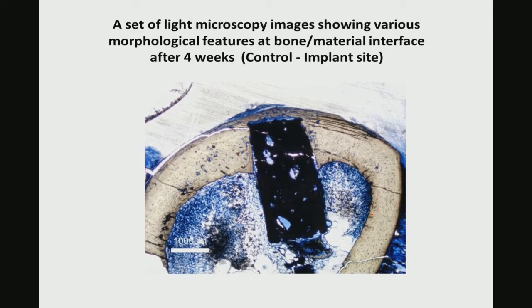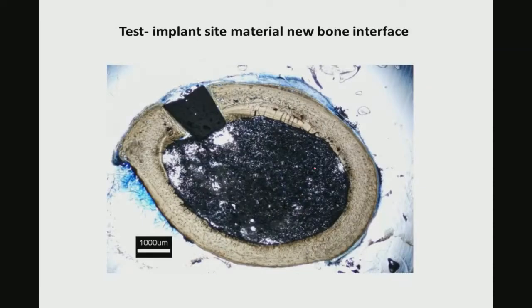This is the histology images. This is your thin slice and this is your implant here, and around the implant you can see all the cellular activity. You can also see that this implant is not very dense; there is also porosity in that implant.